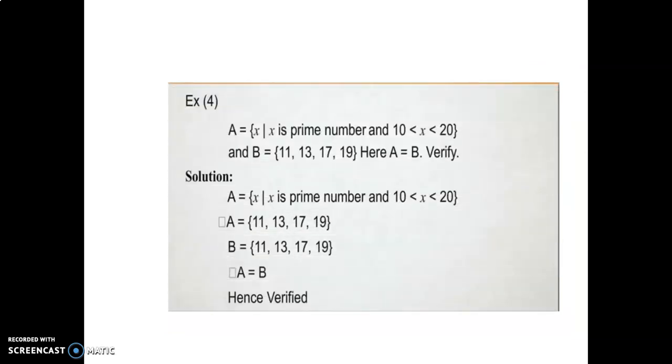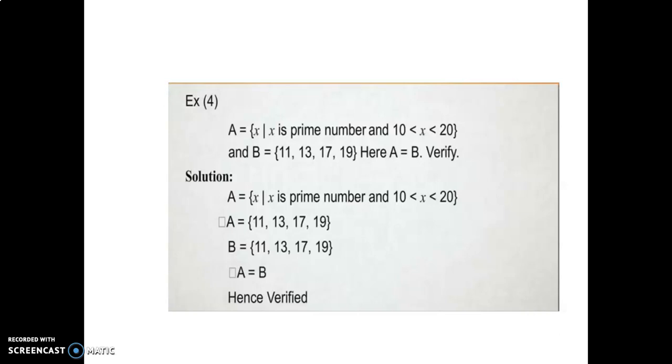The next example, A is equal to {x such that x is a prime number}, where the condition is given as x is greater than 10 and less than 20. This is given in rule method. B equals {11, 13, 17, 19}. Here A equals B. You have to verify. So the first set you will write in listing method.